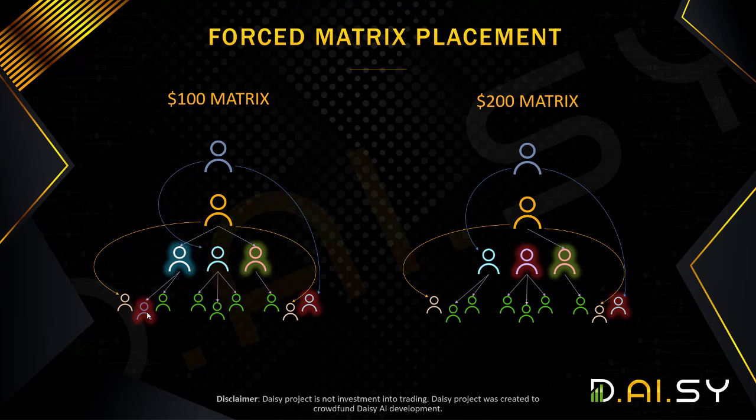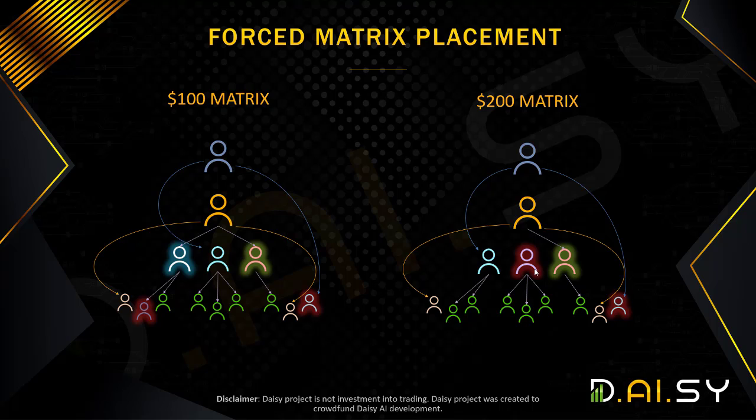So he pays another $200 to go into the $200 matrix. But his sponsor is not there. You don't see this white person with a glow in this $200 matrix. He's not there because he didn't pay an extra $200 to get into the $200 matrix. So what happens to this strong leader that he brought in? So he will fall underneath me.